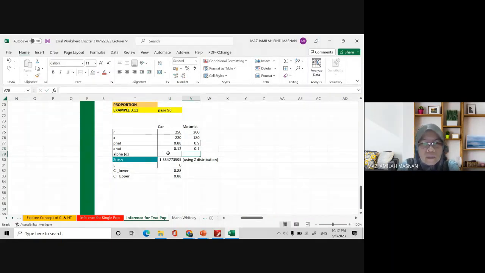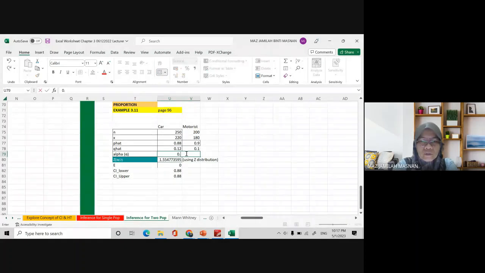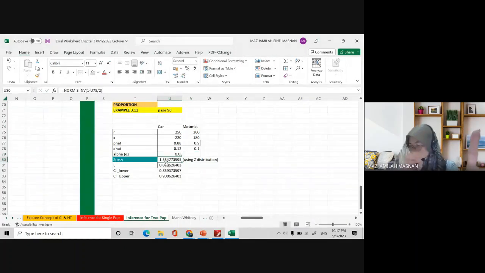Okay, and this alpha, we are using the same alpha. So alpha in this case is 95%. That will be 0.05. Okay, now since we are dealing with Z, proportion is the easiest one. So we don't have to worry because we are using the Z distribution.